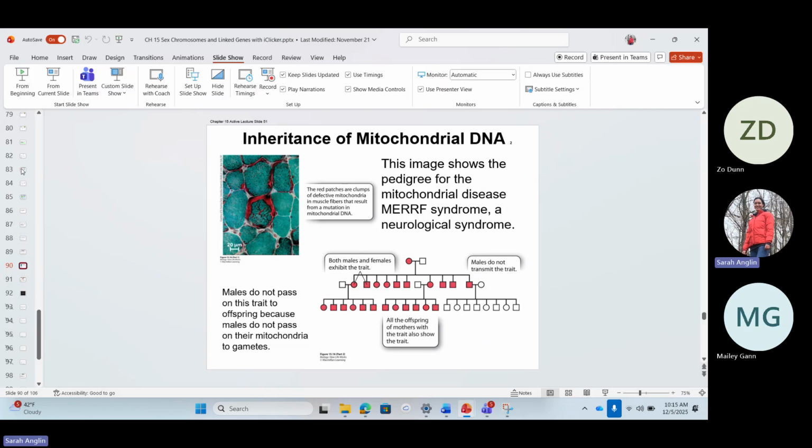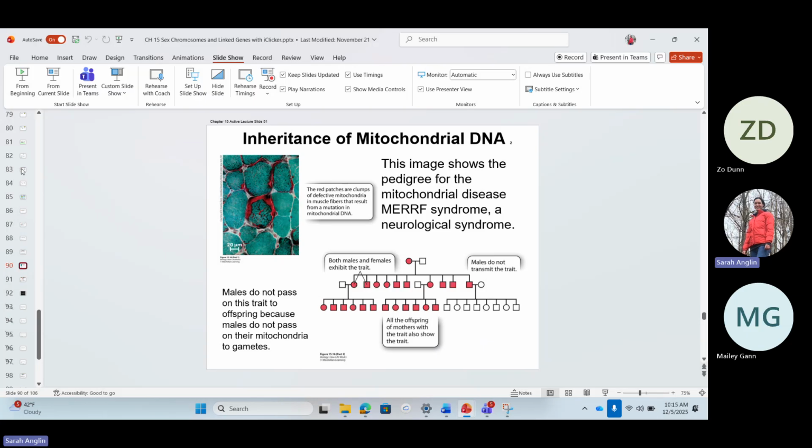Instead, only 1 of the 4 matures to the point where it can be fertilized. And that cell is much larger than those other cells, because it will have a larger amount of cytoplasm than the other cells that are produced. And part of what's in that cytoplasm is the mitochondria from the egg producer, which is typically a female.